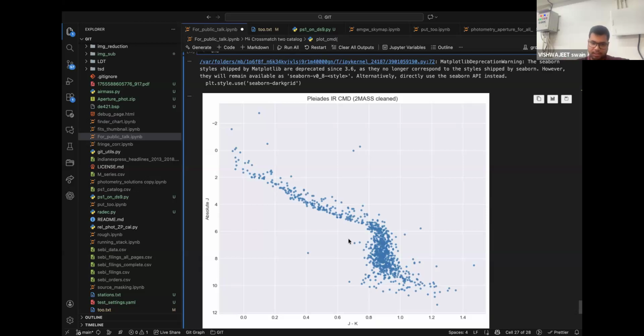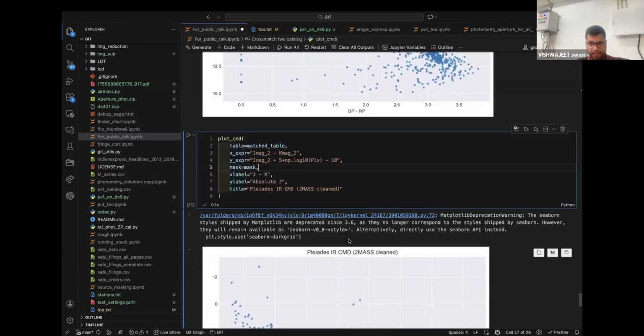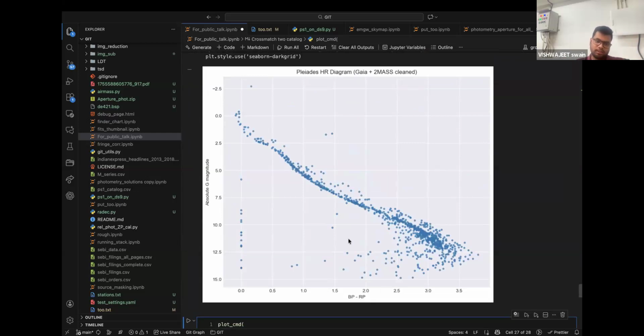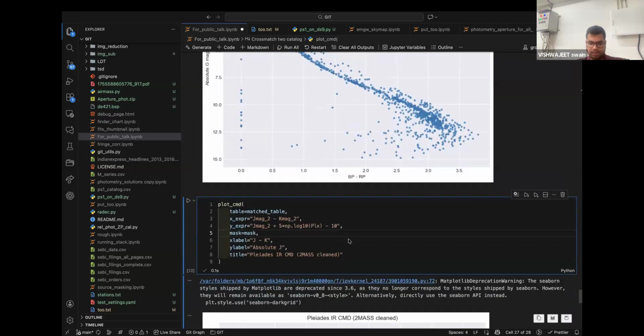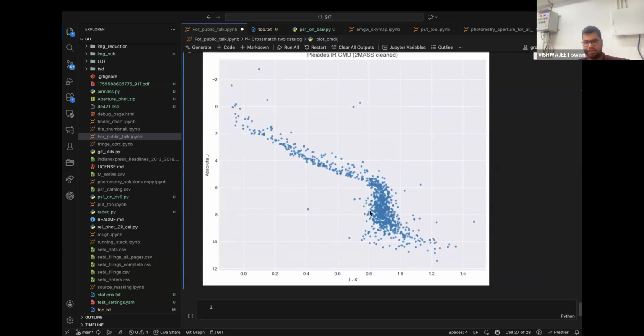As compared to the optical HR diagram, there is a little bit of deviation here in the IR. I am currently not much aware of why the deviation.